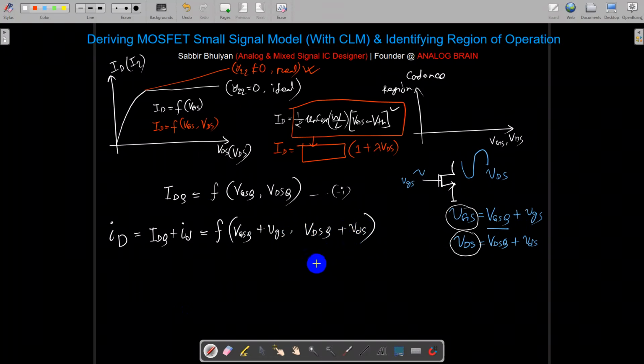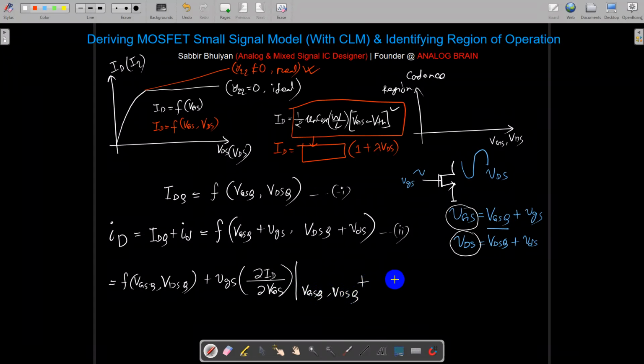So now we can apply Taylor series to equation 2. This is our equation 2. So let's apply. According to Taylor series, you can write f of (V_GSQ, V_DSQ), plus your variation small v_GS, this is your variable. So this will be ∂I_D/∂V_GS, and this differentiation should happen at a single point, and this point is your operating point or quiescent point, this is (V_GSQ, V_DSQ).